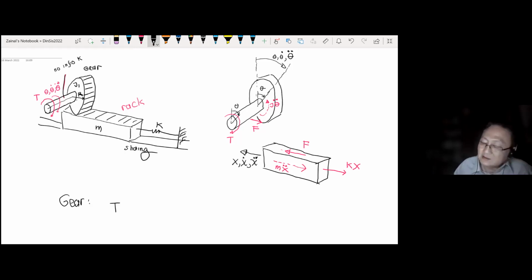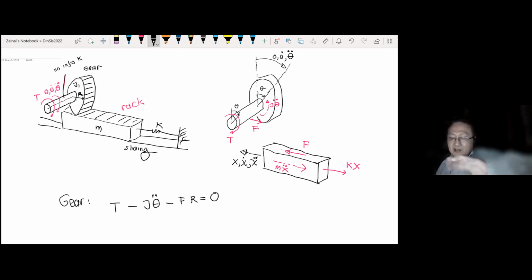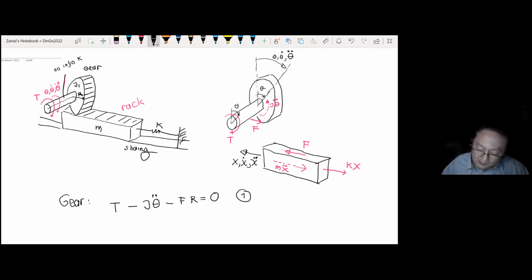Torque T minus J theta double dot minus F multiplied by R is equal to 0. This one is equation 1.